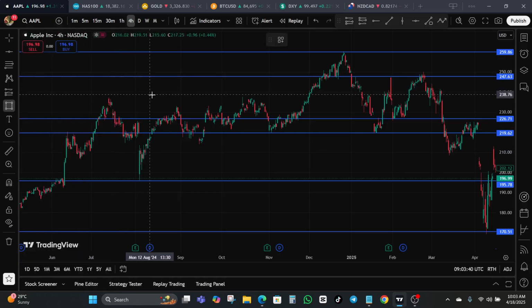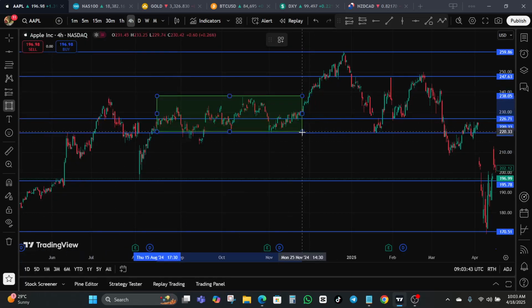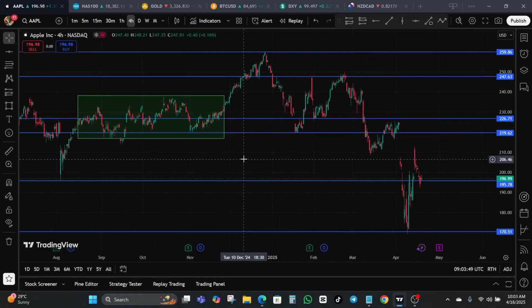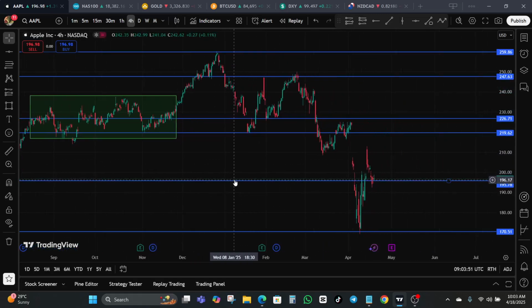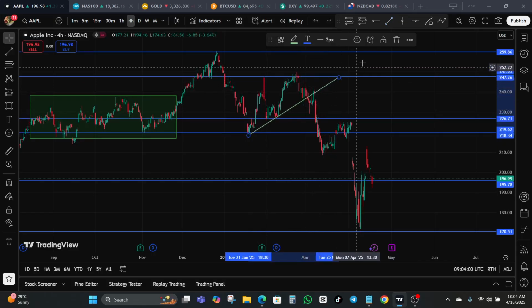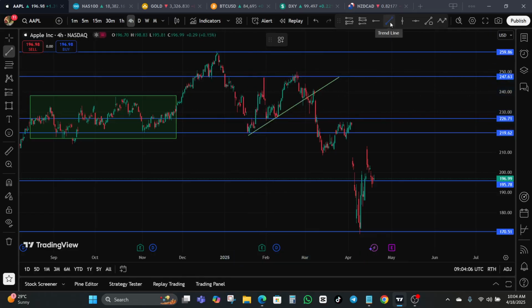You can see that price was ranging within this zone, and then finally a breakout happened to the upside. And then in the case of this bearish breakout, you can see that price was actually ranging within a triangle. Remember that consolidation can also happen within a triangle. So you can see that price was ranging within this triangle. Can you see that?